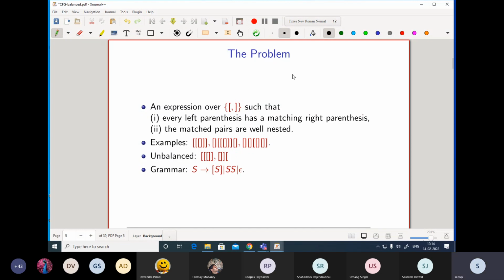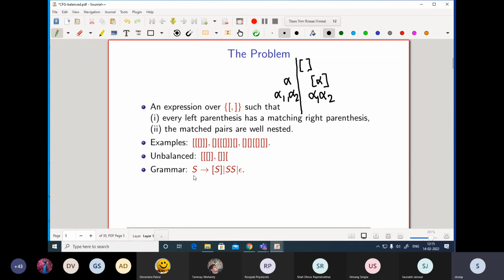Okay, so given the inductive definition, where this is the base case, and if alpha was balanced parentheses, then bracket alpha would also be balanced parentheses, and if alpha 1 and alpha 2 were balanced parentheses, then alpha 1 concatenated with alpha 2 would also be balanced parentheses expression.